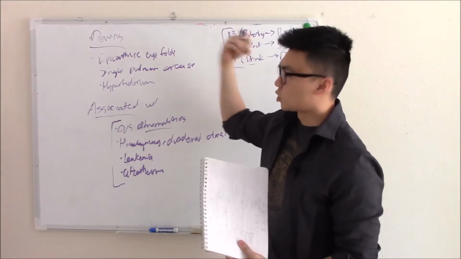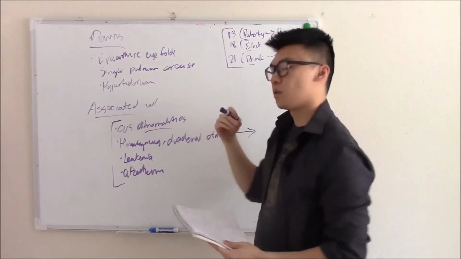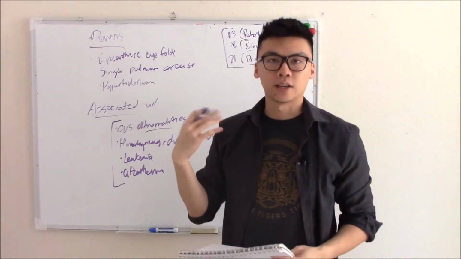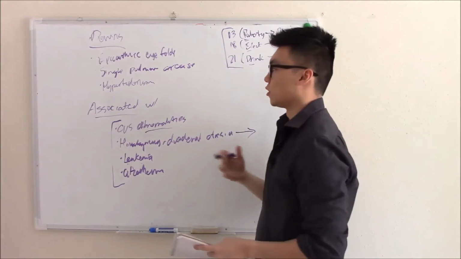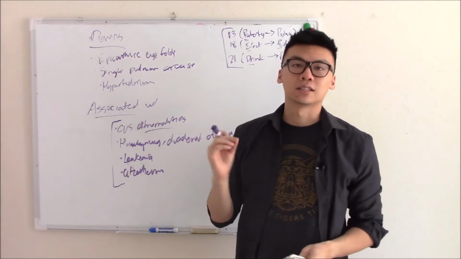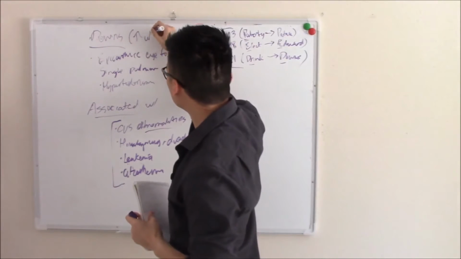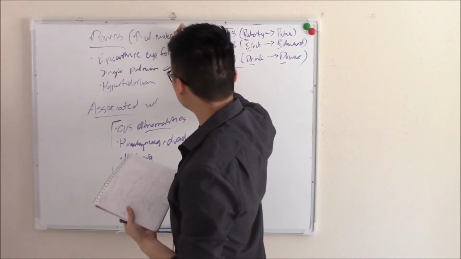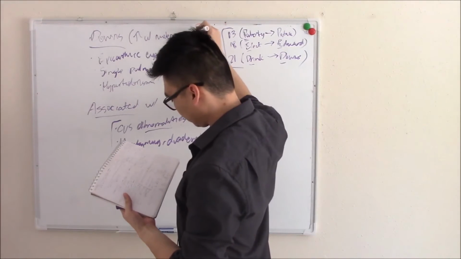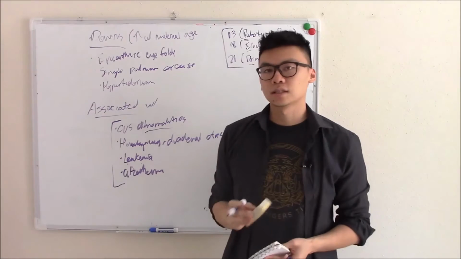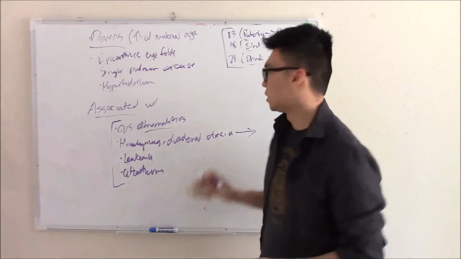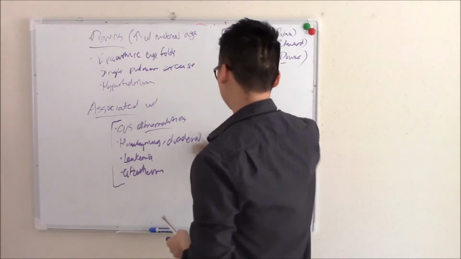Most common chromosomal abnormality. Also, as maternal age of pregnancy increases, so if you're 40 and you get pregnant, you have increased risk of Down syndrome. I'll just write increases with maternal age. Now the question here is, can you have Down syndrome without having trisomy 21?